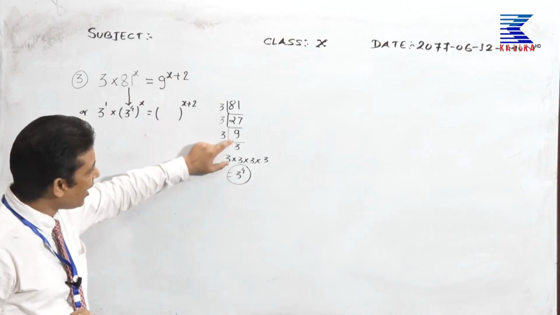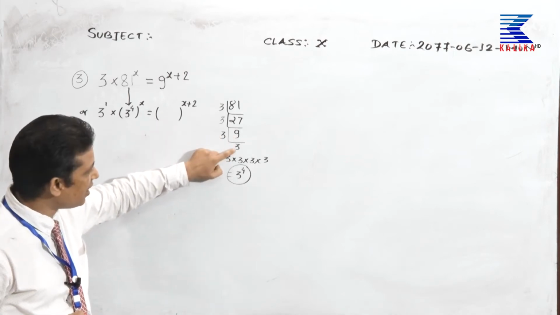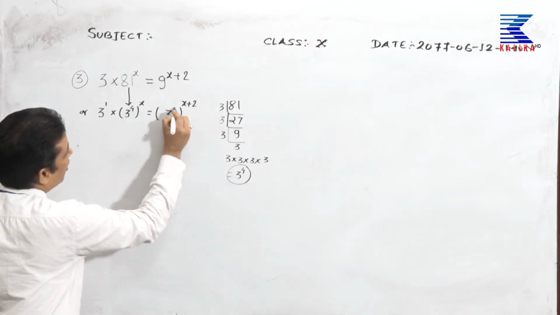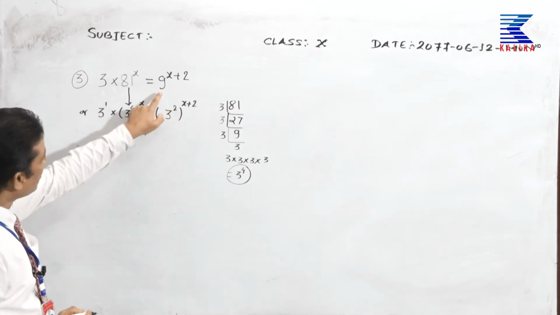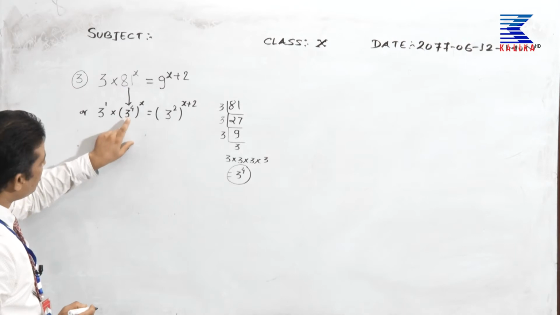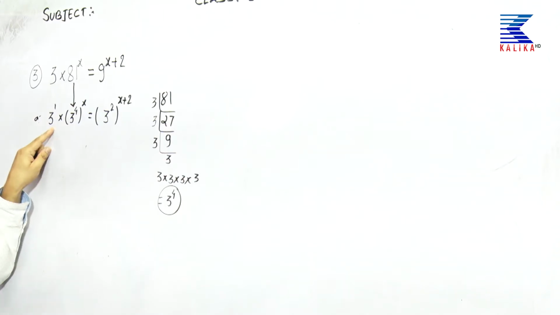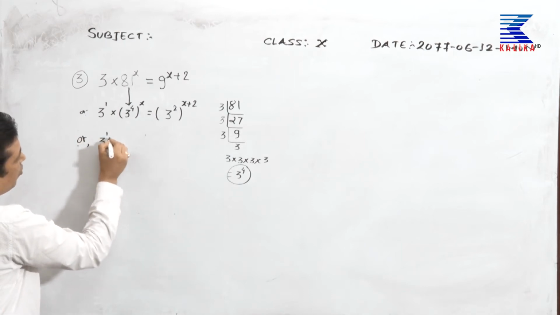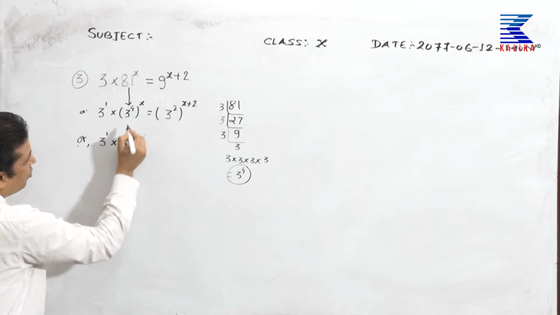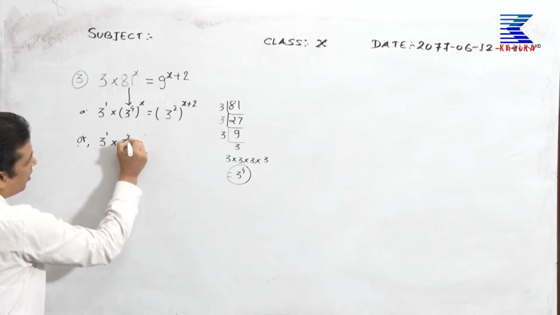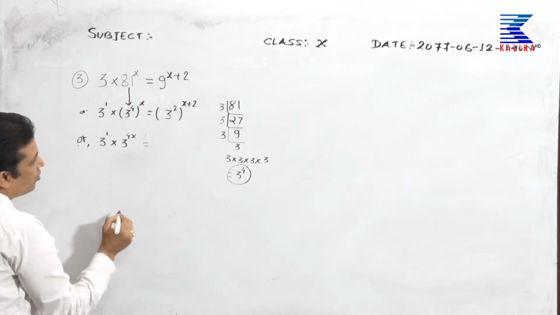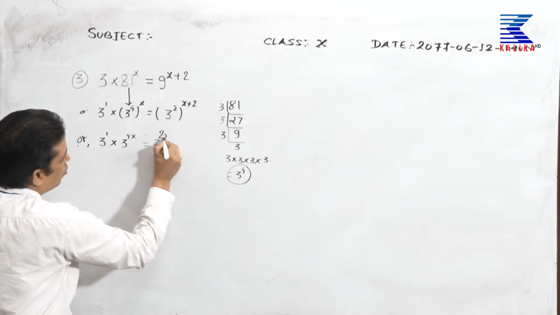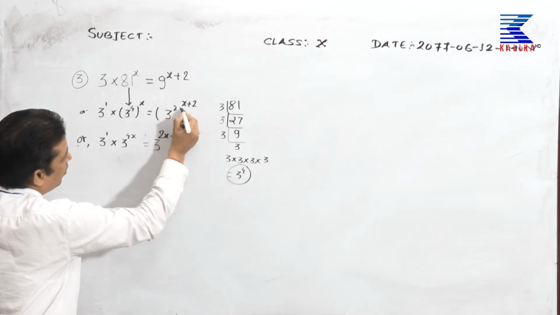It is because I am going to write 9 as 3 times 3. 3 times 3 is 3 square. 9 is 3 square. 81 is 3 to the power 4, 3 is 3 to the power 1, so it is 3 to the power 1 times 3 to the power 4x, is equal to 3 to the power 2 into x plus 2, in bracket.